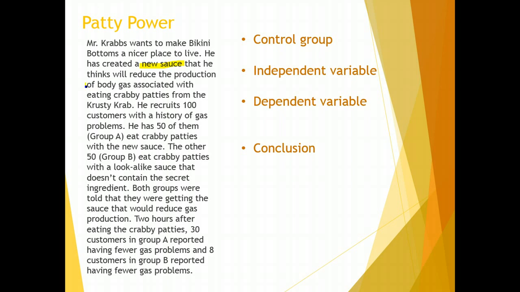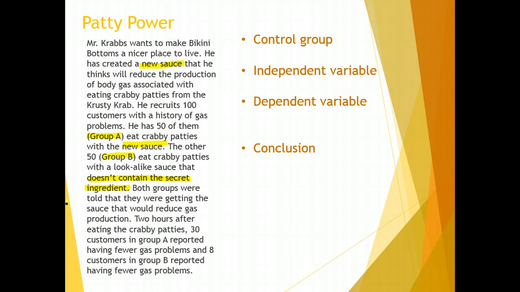He recruits 100 customers with a history of gas problems. He has 50 of them, called Group A, eat Krabby Patties with the new sauce. The other 50, Group B, eats Krabby Patties with a look-alike sauce that doesn't contain the secret ingredient. Those are important clues to help you figure out the control group and the experimental group.